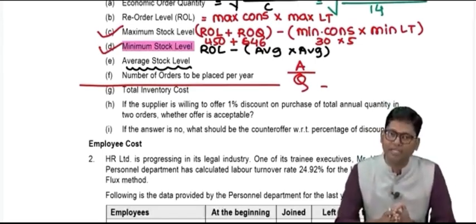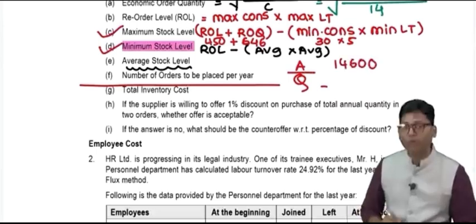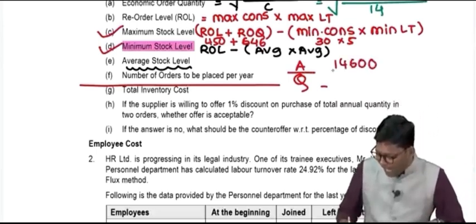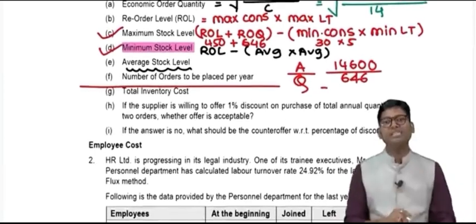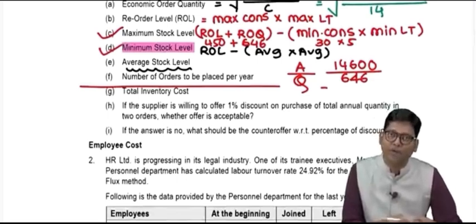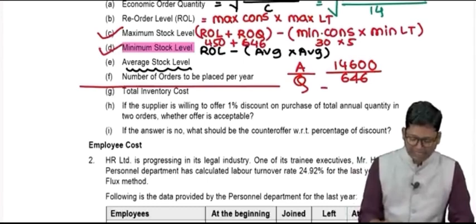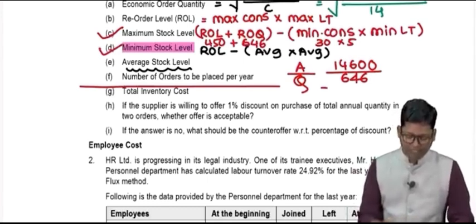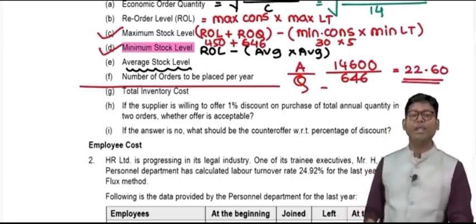According to our calculation, annual requirement of material was 14,600 and our EOQ says in each order you must purchase 646 kgs to minimize the ordering cost and carrying cost. This is the meaning of your EOQ. 14,600 divided by 646 will give you number of orders, but again you are going to get a fractional number of orders, something like 22.60.